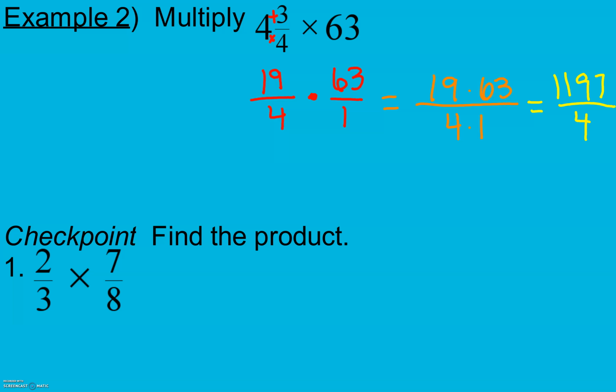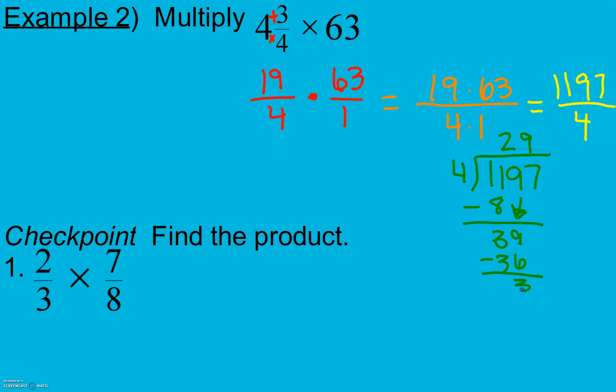Now here, because my numerator is bigger than my denominator, remember we have to divide to switch it back to a mixed number. So I get 1,197 divided by 4, top divided by bottom. 4 goes into 11 twice, which is 8 when I multiply it back. When I subtract, I get 3, drop down the 9. 4 goes into 39 9 times. When I multiply that back, it's 36.